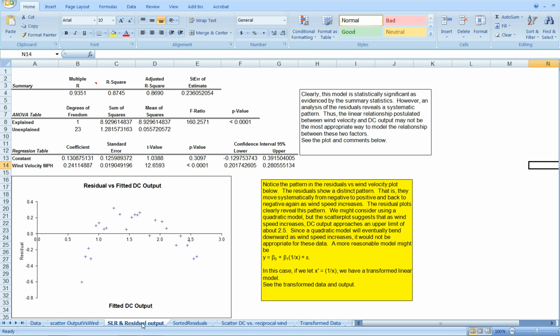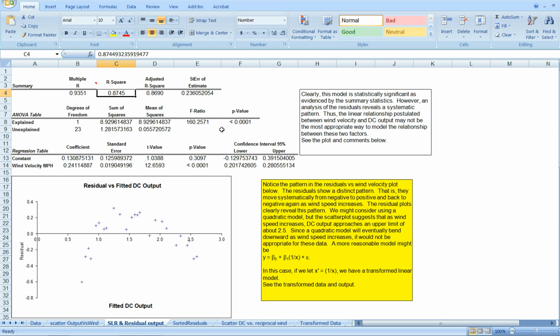And in fact, I went ahead and ran the simple linear regression procedure using Excel. If you take a look at the p-value associated with that model, you see that it's quite low, and the R-square value is reasonably high, 0.8745. And so we might be tempted to think that this model is legitimate.